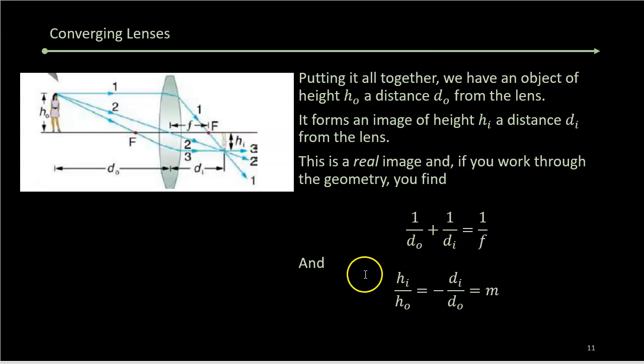So height of the image over height of the object: here the height of the image is negative. The distance of the image is positive because it's in the direction the light is flowing, so that's the positive direction. And then the magnification is minus di over do. This equation is very straightforward and simple.